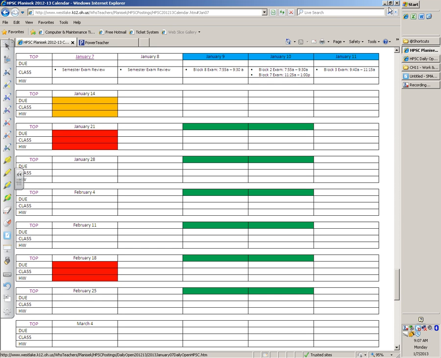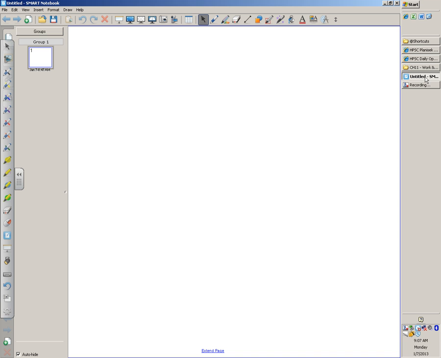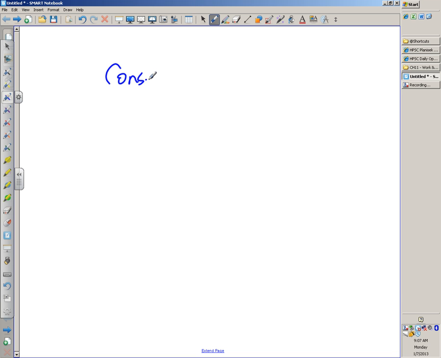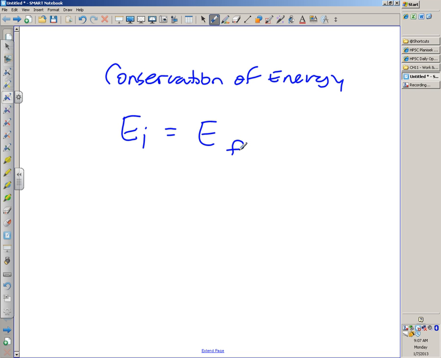So when we talk about conservation of energy, specifically, that means that any energy that we begin with, the initial amount of energy, has to equal the energy that we end up with, the final amount of energy. That's conservation of energy in general.